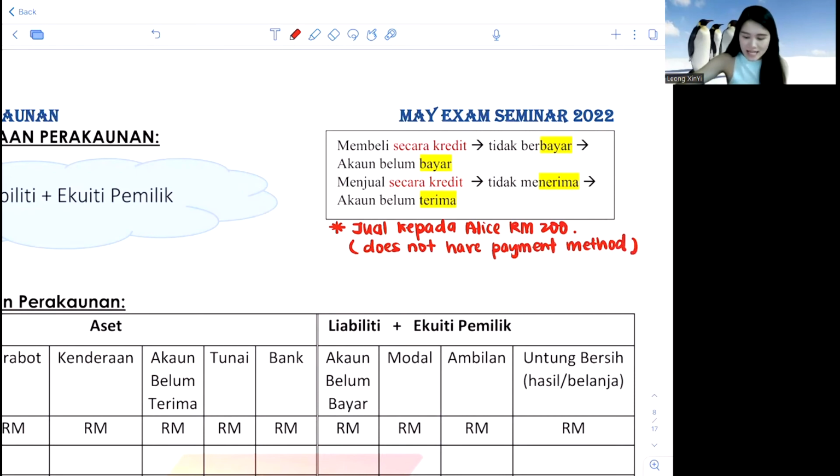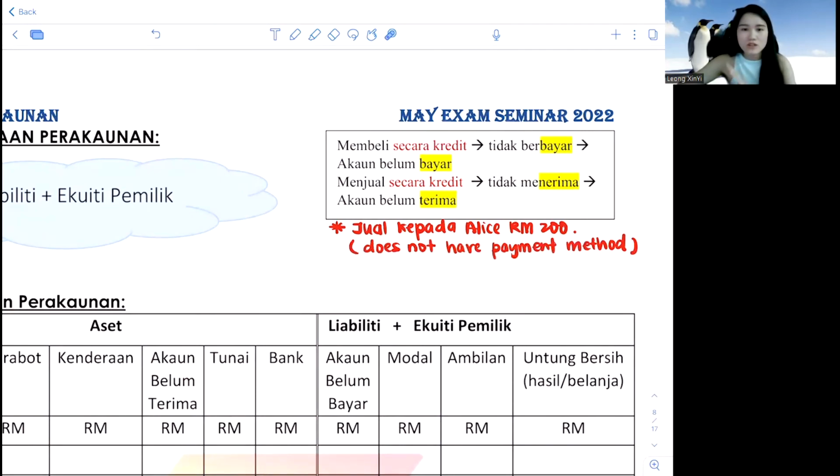Did you realize? They only said I sell to Alice with 200 ringgit, and then what happened? Alice just took my item. She knows that it's 200 ringgit, but did she pay me? If she did, the question will tell you that it's through cheque or through cash, but no, they didn't.